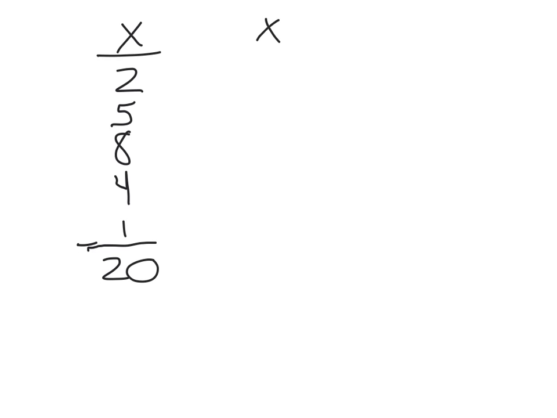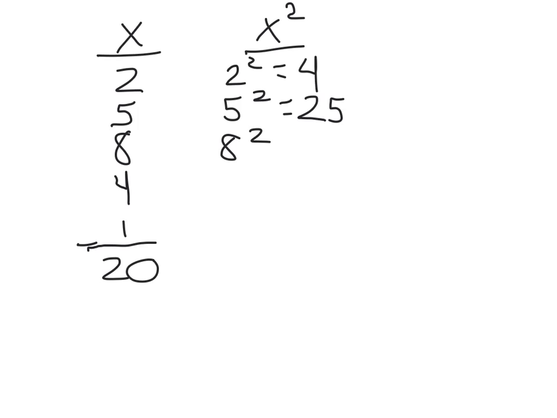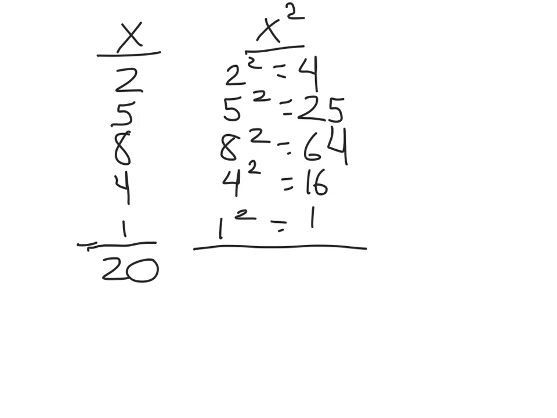Then I'm going to square each one of those values. I'm going to call that x squared. So 2 squared is 4. 5 squared is 25. 8 squared is 64. 4 squared is 16. And 1 squared is 1. Excuse me. Now I'm going to add those up.